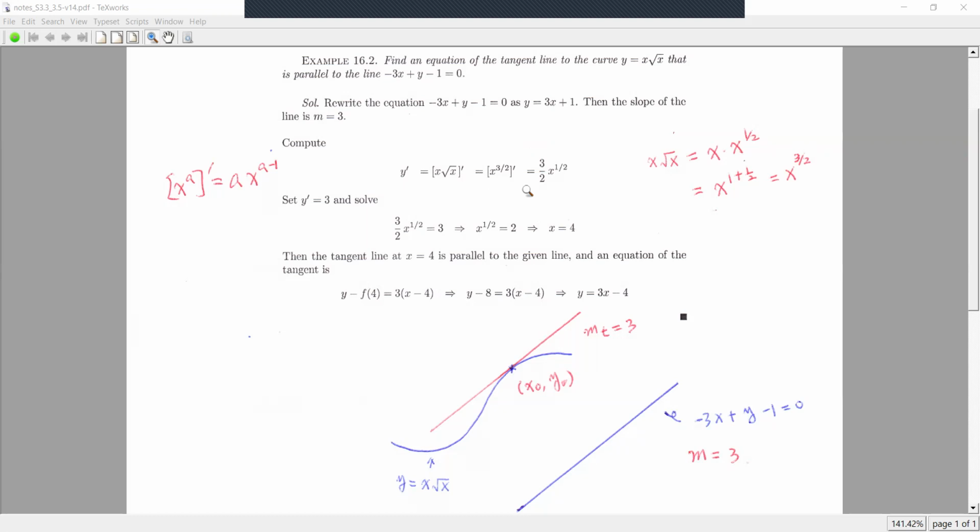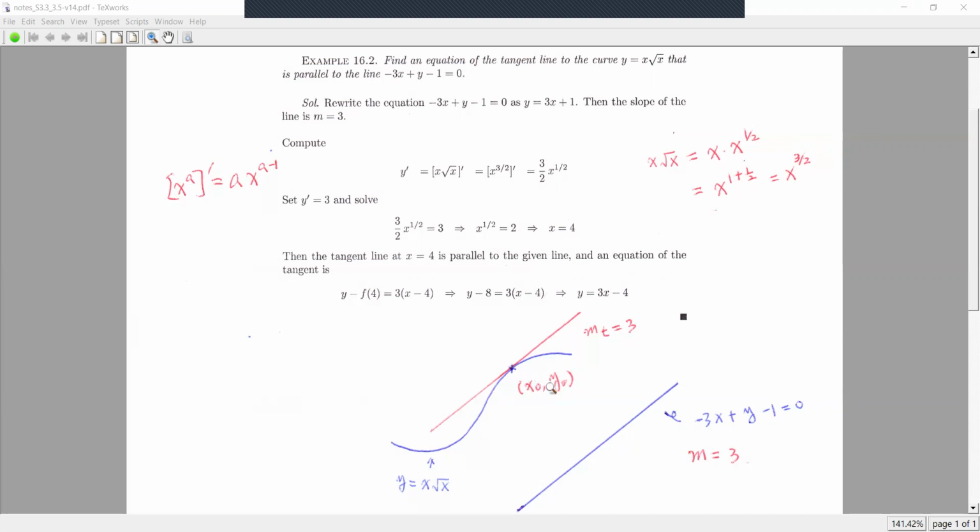Now set the derivative equal to 3 and solve this equation. Move 3/2 to the right side, then we have this equation. Take the square on both sides, then x is 4.